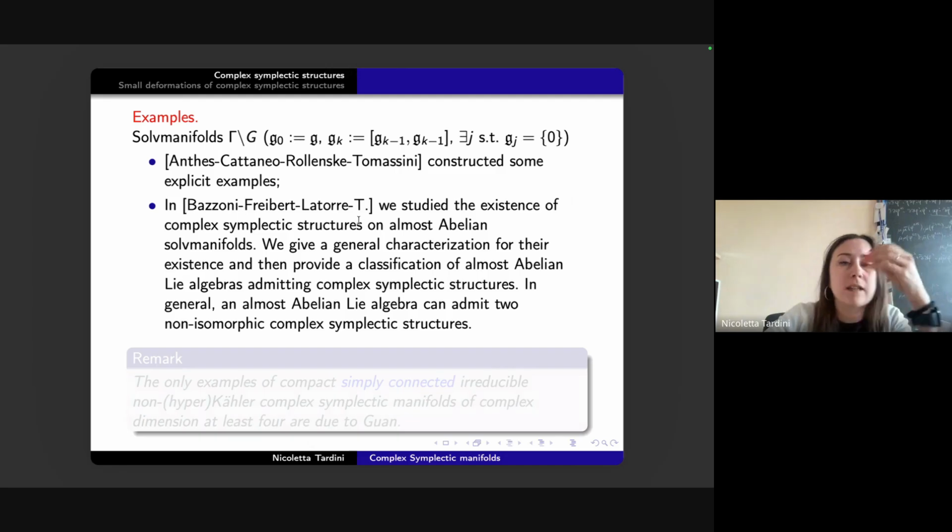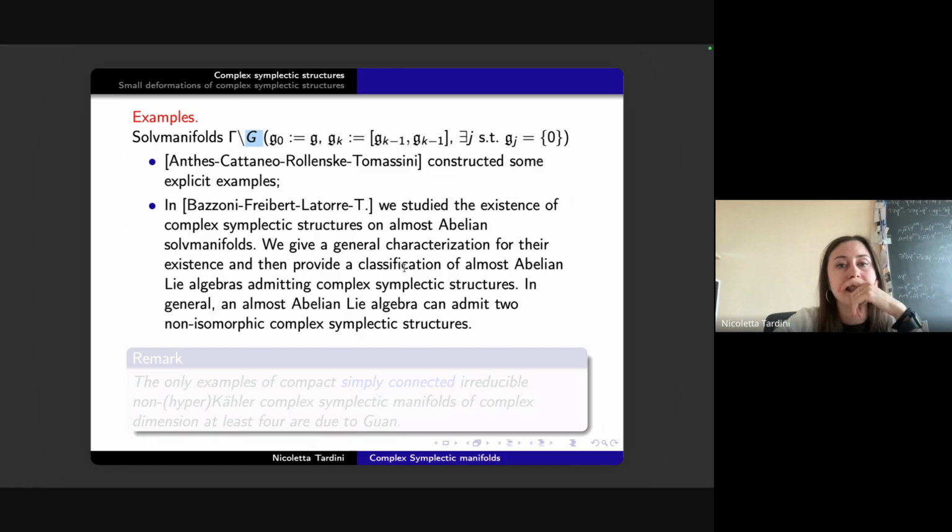And a few years ago, we studied with Bazzoni, Freibert, and Latorre the existence of complex symplectic structures on almost abelian solvmanifolds. Almost abelian solvmanifolds means that the Lie group G is almost abelian, so there exists a codimension one abelian ideal.